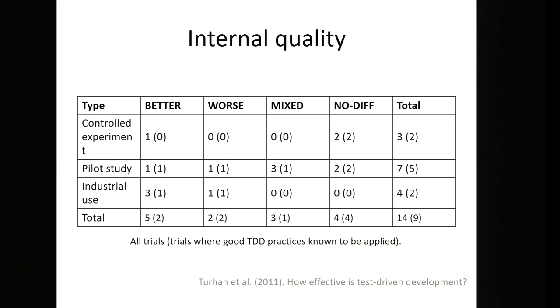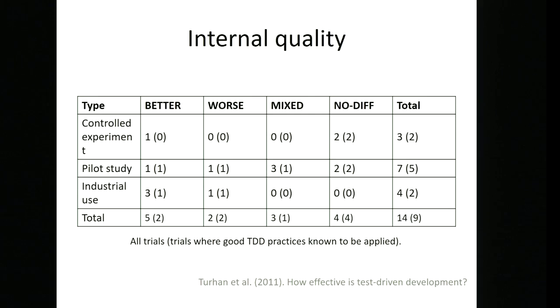So, internal quality. This is looking at the structure of the software itself, the internals of it. And what we found, if we just look at the totals along the bottom, was that it seemed to be better in around 5 cases, worse in 2, mixed in 3, sometimes better, sometimes worse, and no real difference in 4.